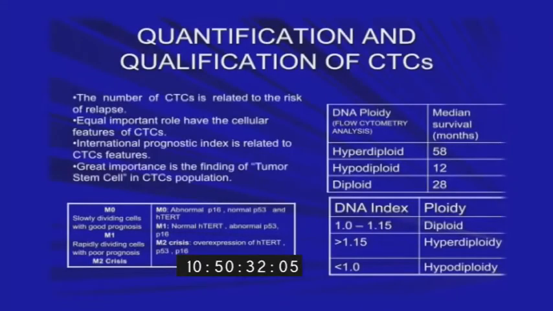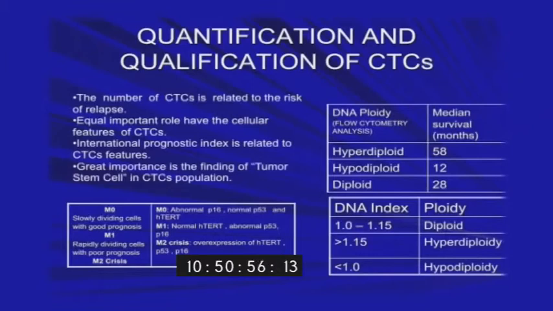So here, what information we may have from circulating tumor cells, qualifying and quantifying the circulating tumor cells. First of all, we can see what we call DNA ploidy, which is actually a number which compares the normal DNA concentration with the DNA concentration of tumor cells.